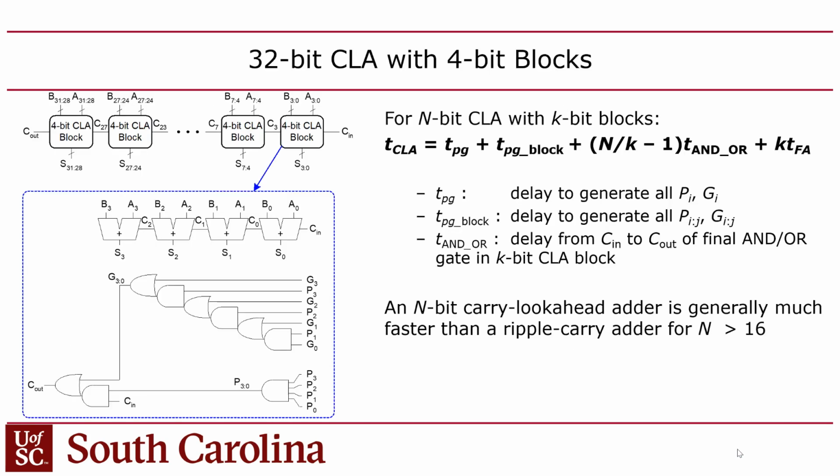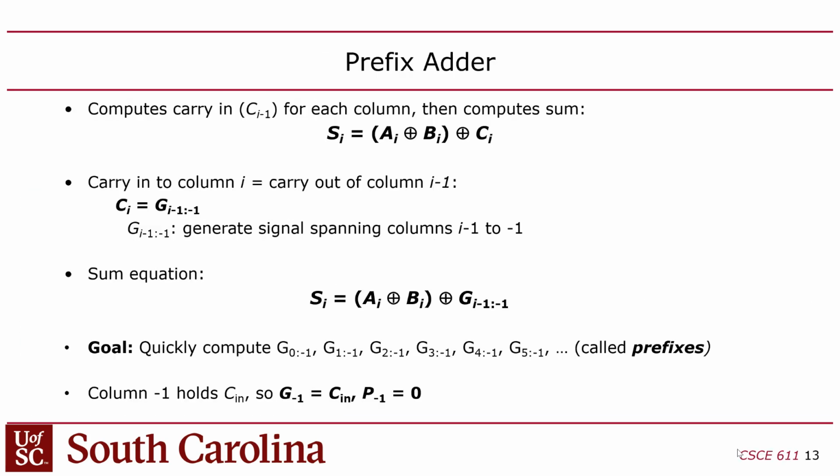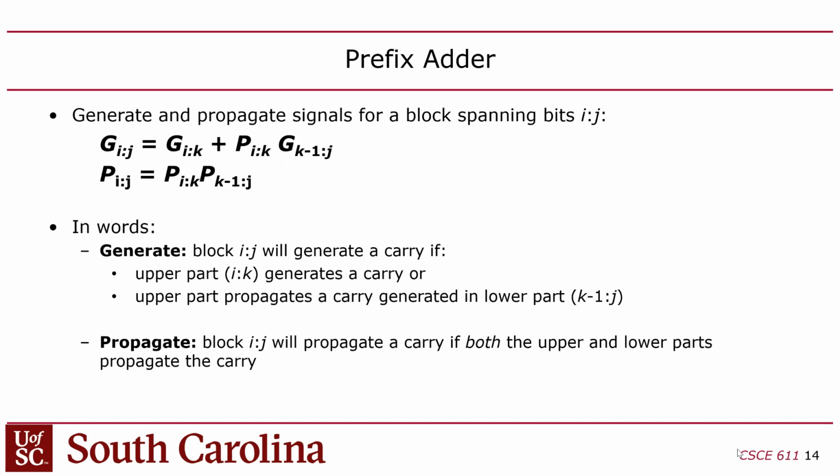But the difference with the prefix adder is, instead of generating one propagate and generate for each of these 4-bit blocks all the time, you can generate an arbitrary propagate and generate for bits i down to j, okay, where the logic looks the same.